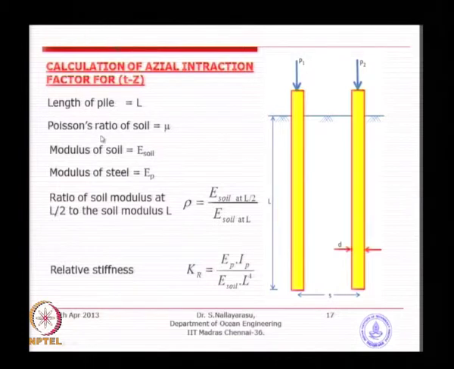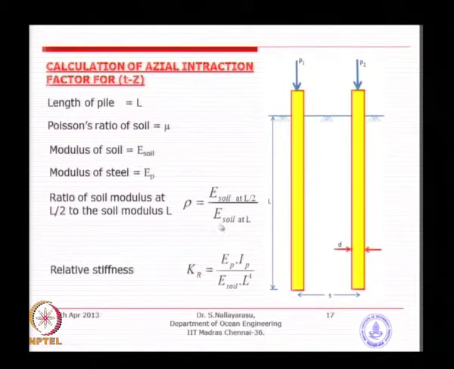And Poisson's ratio, length of the pile, and the value of rho, which is nothing but the ratio of the modulus at half distance to the modulus at the toe of the pile, is going to be one of the parameters. And the relative stiffness, if you remember when we were deriving lateral pile capacity by various methods: Kr is a stiffness factor, where EI is the pile stiffness, whereas E soil is taken here with L to the power 4, very similar to your cantilever problem.